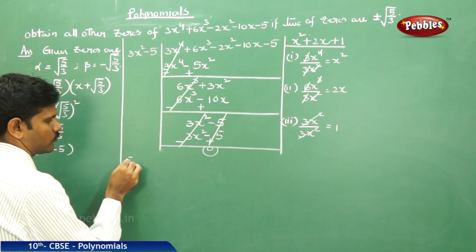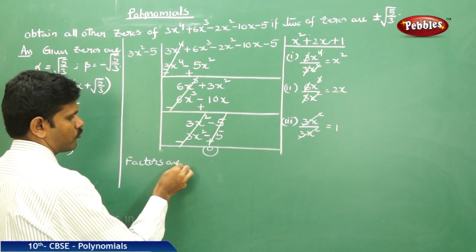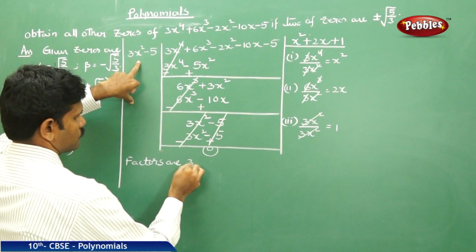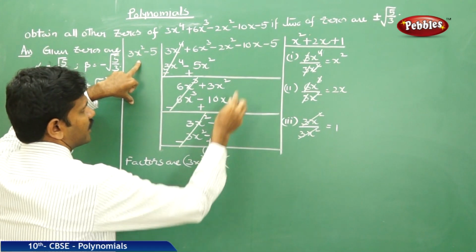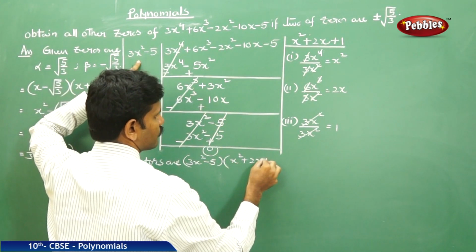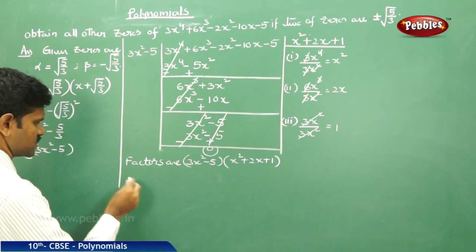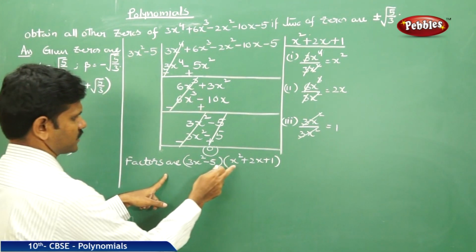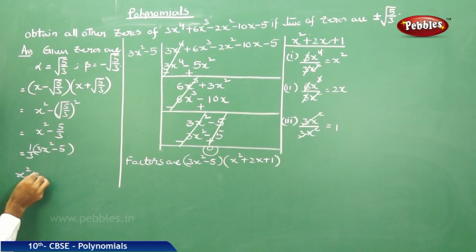Therefore you can write the factors now as 3x square minus 5 and x square plus 2x plus 1. Now take this part out, that is x square plus 2x plus 1, and find out its factors.